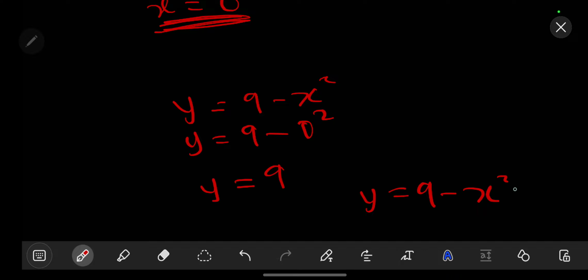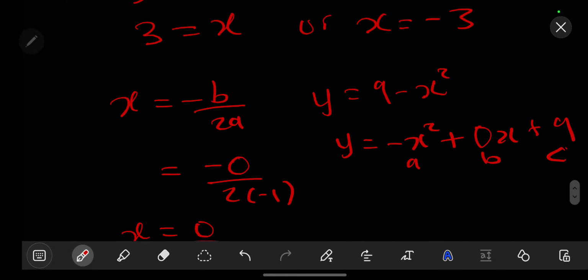Just by looking at this equation, we can tell that the graph will be something like this. Remember what I said, as long as the coefficient there is negative, it will be more like a sad face. Then in this case, you have your x value of 0. That means that's even your intercept.